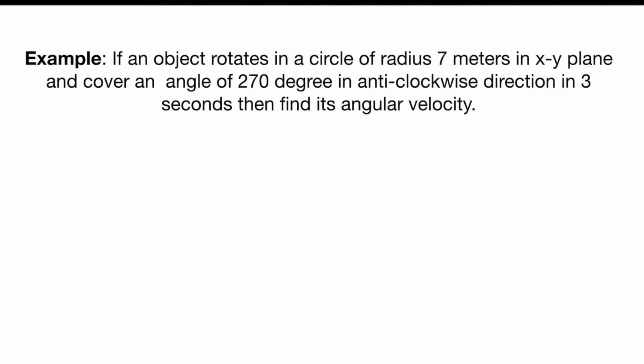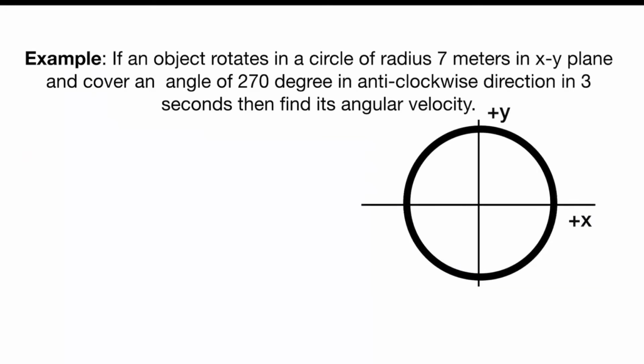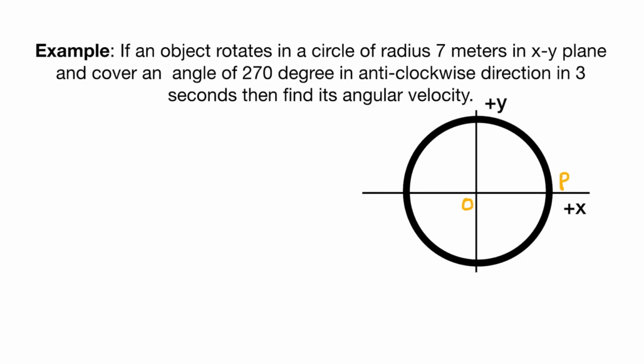Now let's take an example. If an object rotates in a circle of radius 7 meters in the xy plane and it covers an angle of 270 degrees in the anti-clockwise direction. So OP is the initial position, and it rotates in the anti-clockwise direction for 270 degrees. So the initial position is given by theta 1, which is 0 degrees.